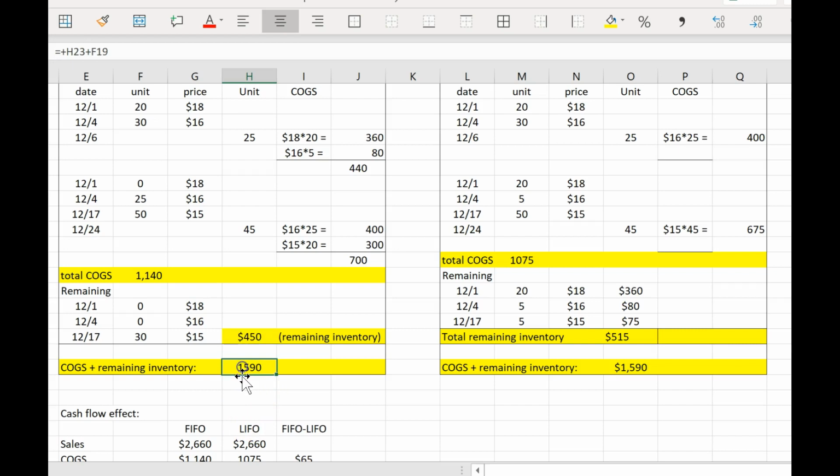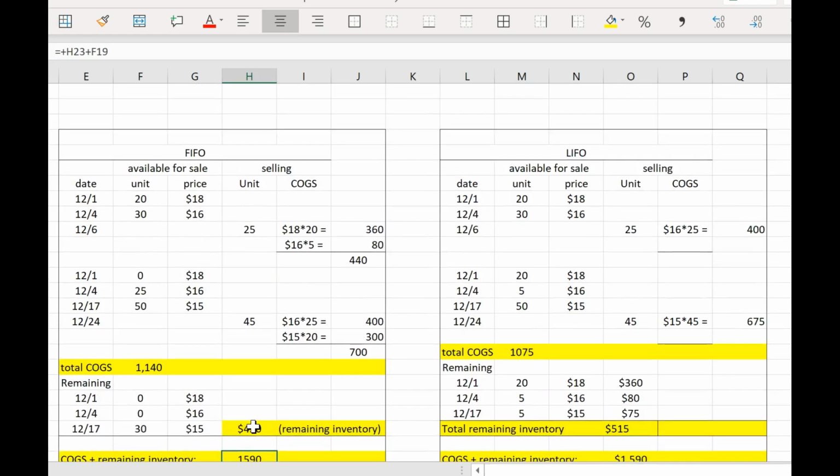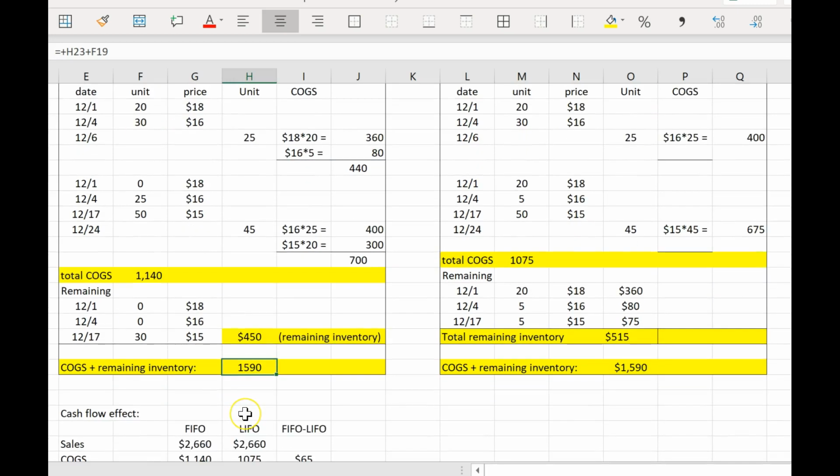You can see cost of goods sold plus the remaining inventory is the total available for sale. So that is, again, if I'm thinking about the physical disposition of my inventory, you can think about that.